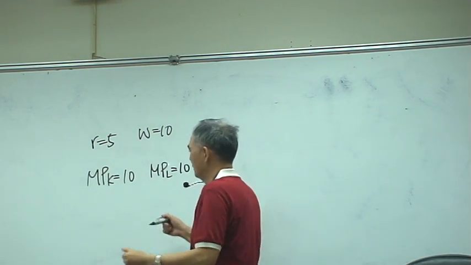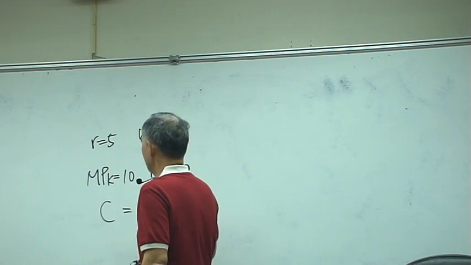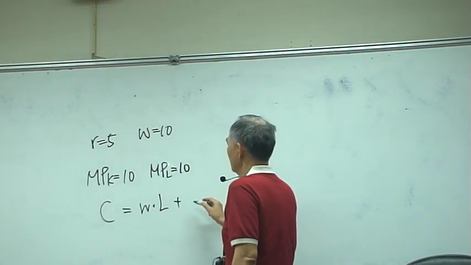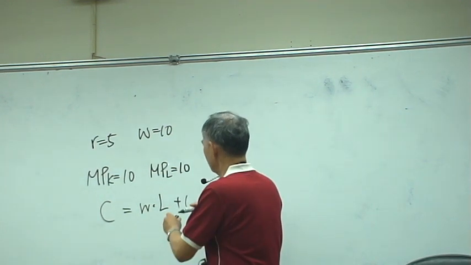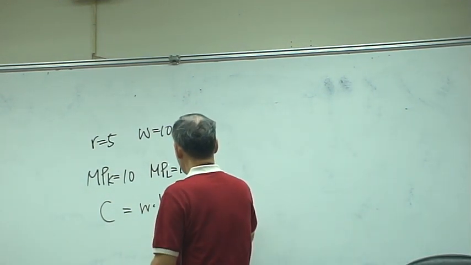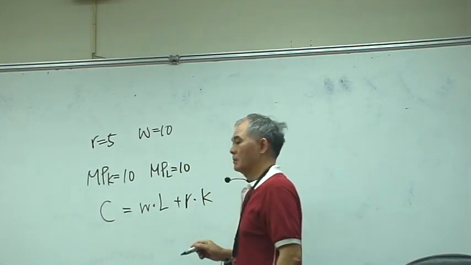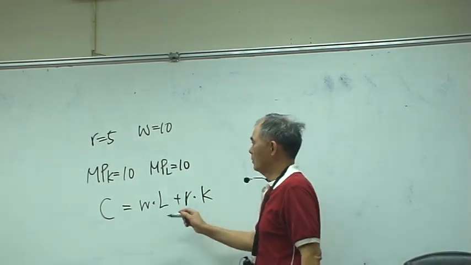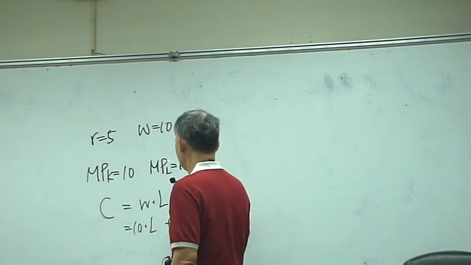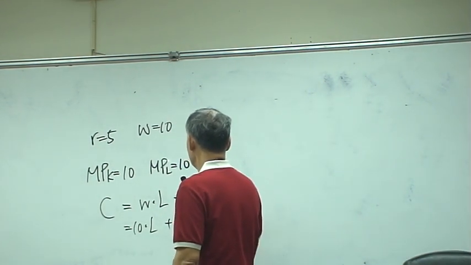So anyway, let us check the cost, right? The cost is W times L plus R times K, right? The formula is like this. And now we plug in. So it's 10L plus 5 times K.